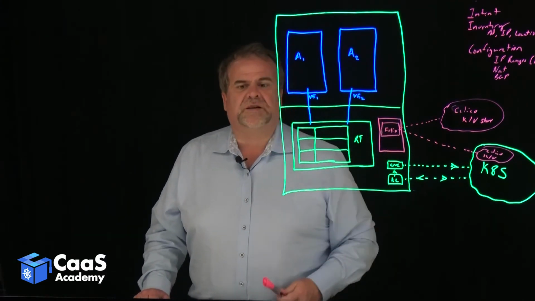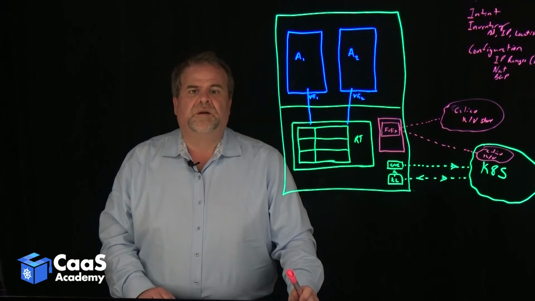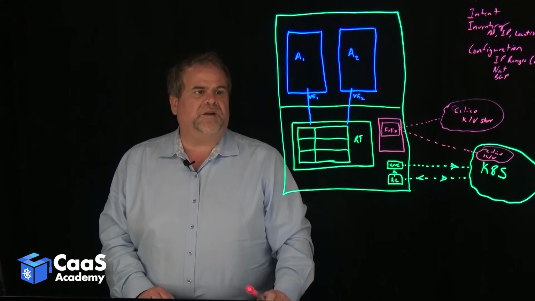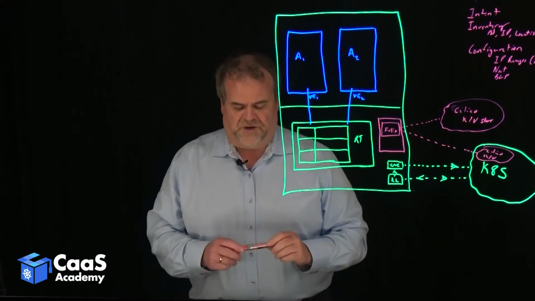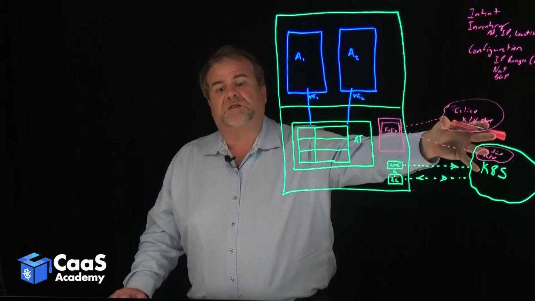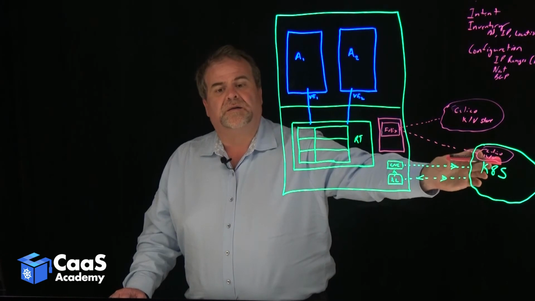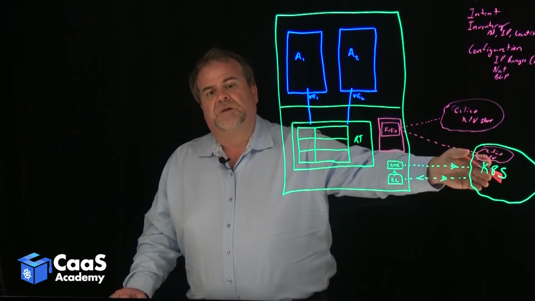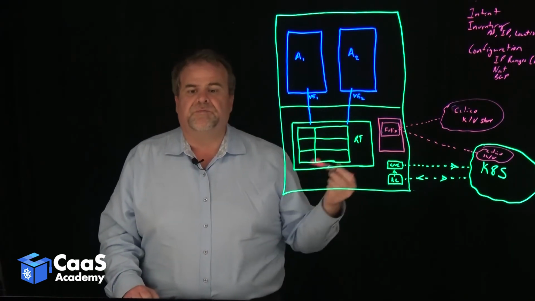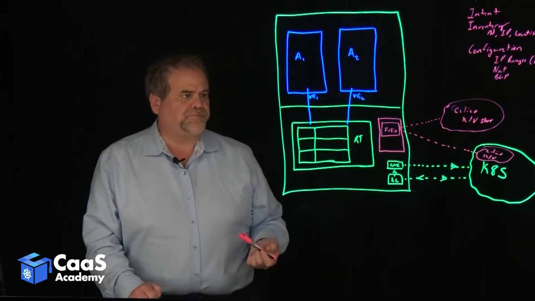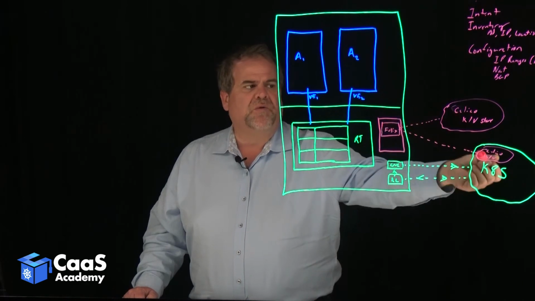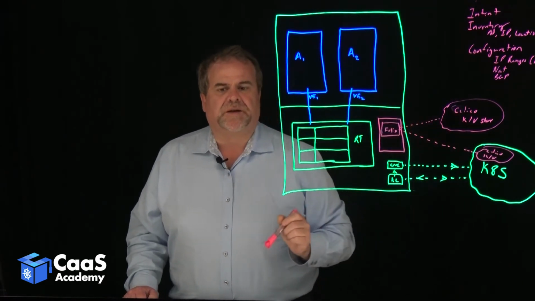So in this case, this Felix is going to find out that we have networked two pods on its host, A1 and A2. And the reason we know that's stored here is because the CNI plugin told Kubernetes that the pod it was asked to network was given an IP address of A1, virtual Ethernet 1, etc. So Felix gets that information from Kubernetes or from the key value store and acts on that.